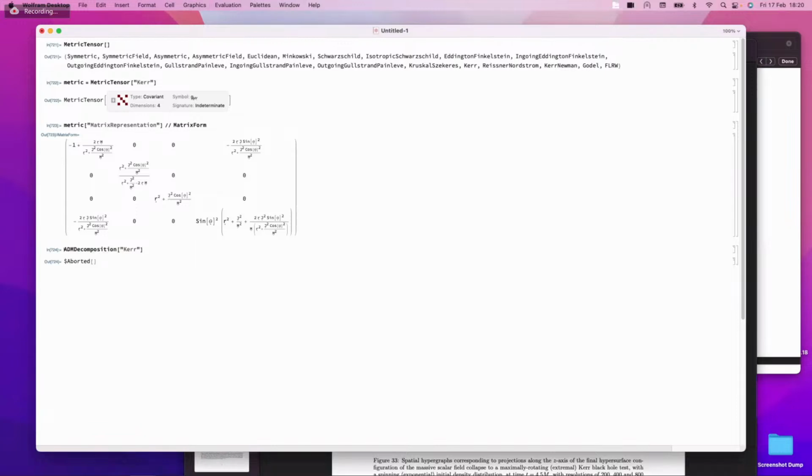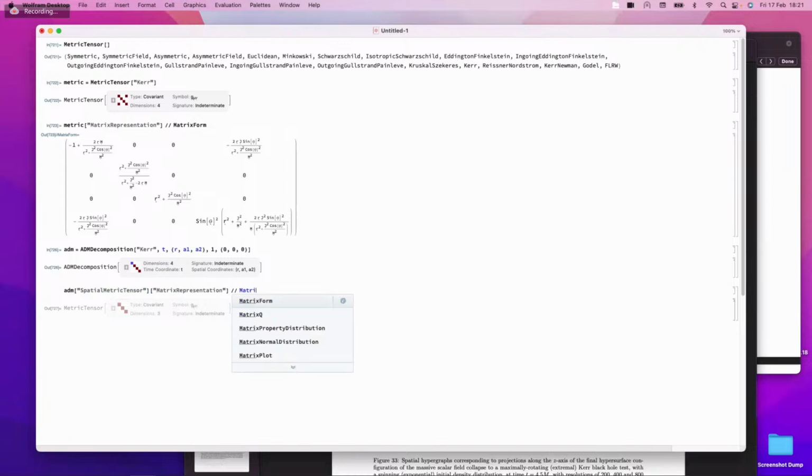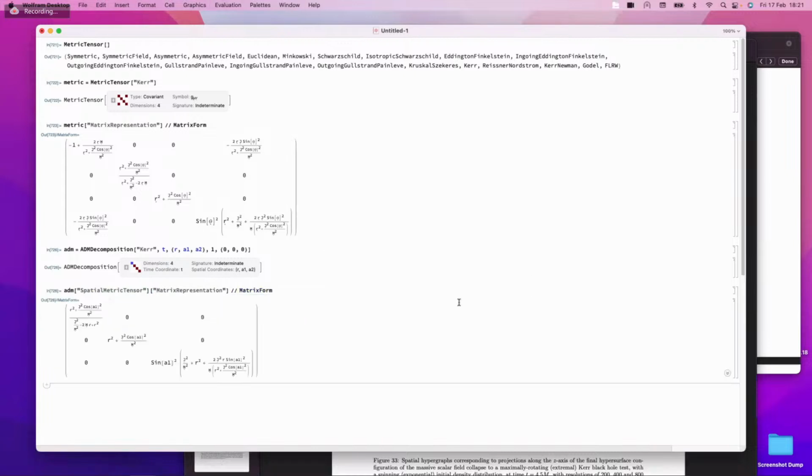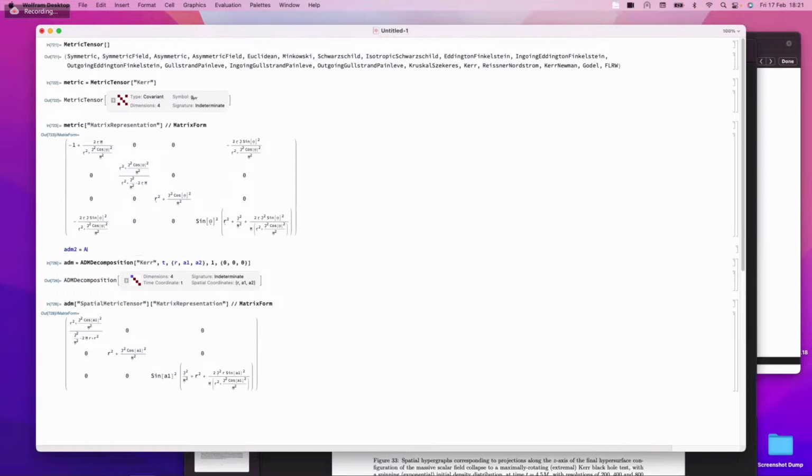Let's say ADM spatial metric tensor. With ADM decomposition, let me start with a simpler example. Let's do Schwarzschild because that's diagonal.